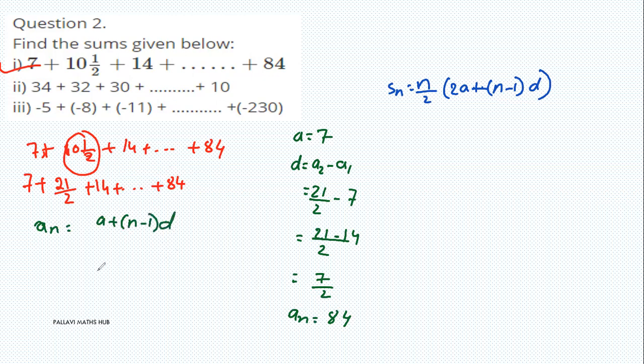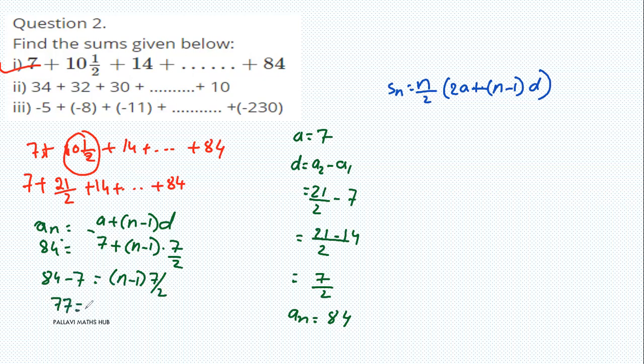The value of an is 84, equal to the value of a, which is 7, plus n minus 1 into d, which is 7 by 2. So 84, taking this 7 to the left-hand side, becomes minus 7 equals n minus 1 into 7 by 2. So 84 minus 7 is 77 equals n minus 1 into 7 by 2.